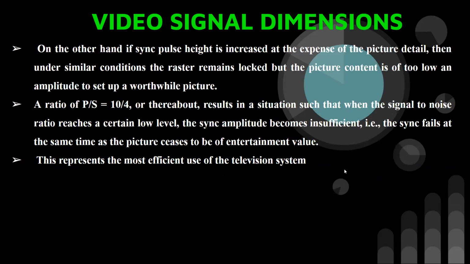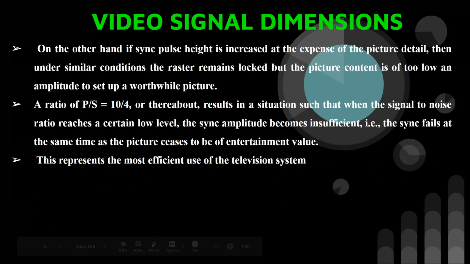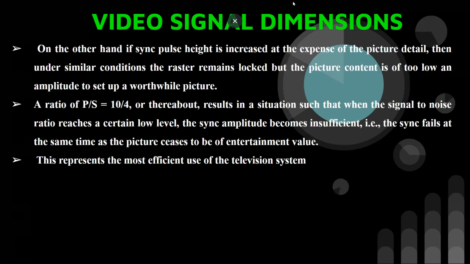So the synchronization pulse, that is the equalizing pulses, are able to maintain the value, to take care of the drawback which occurs on account of the half line discrepancy.